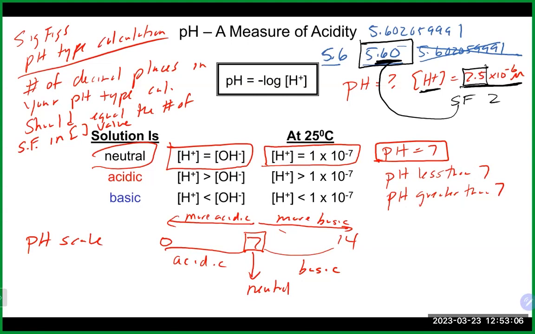We're going to talk about going backwards as well, going from pH to the concentration. You would follow the same rule if you had 2 decimal places in your pH value. When you calculate your concentration, you should end up with 2 significant figures. So it goes both ways as you're calculating it.